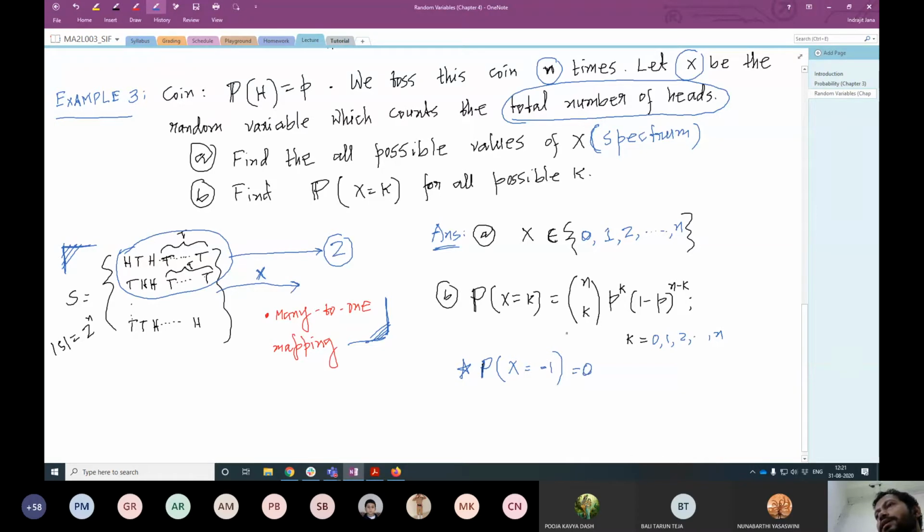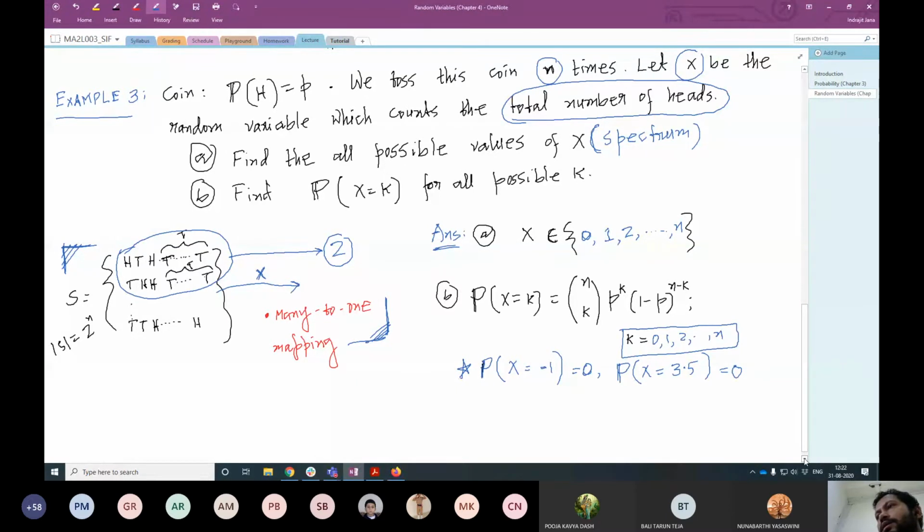Or if I ask what is the probability of X equal to 3.5, which is again an absurd question, you don't get 3.5 many heads. The answer is going to be 0. The point is that the formula written above is valid only for the spectrum of the random variable. For any other values, it will be 0.